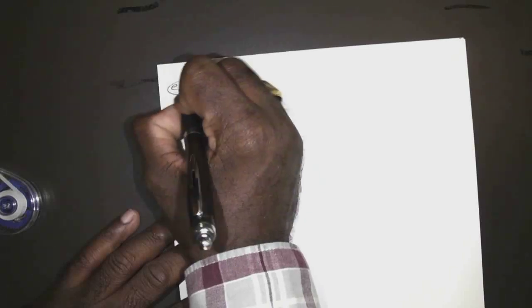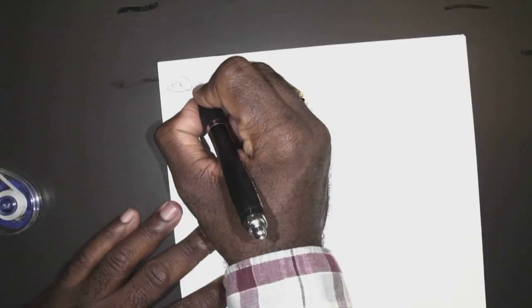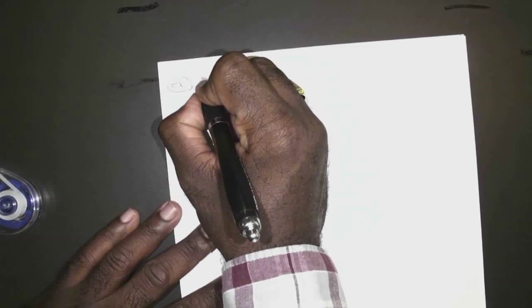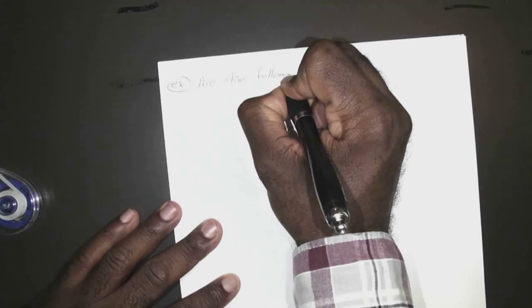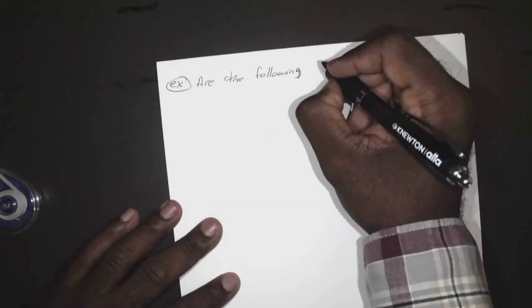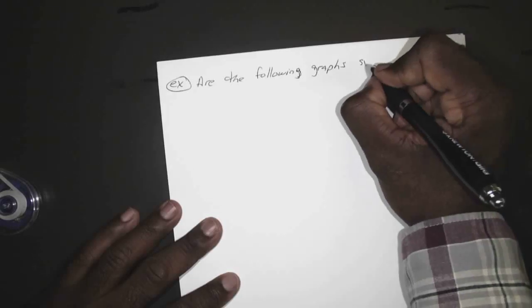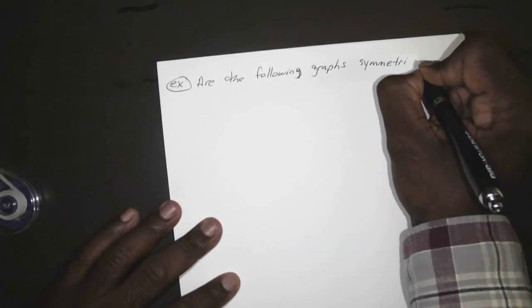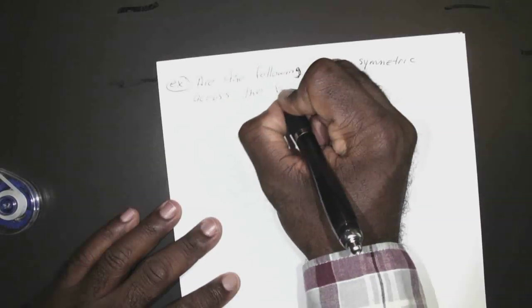All right, so let's say, for example, the following are graphs, can't call them functions, symmetric across the x-axis.